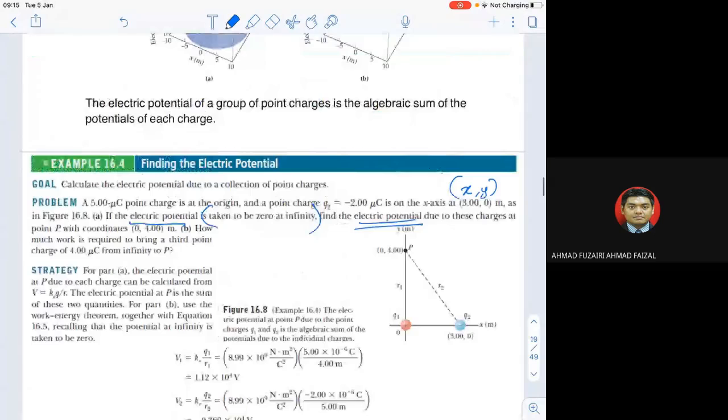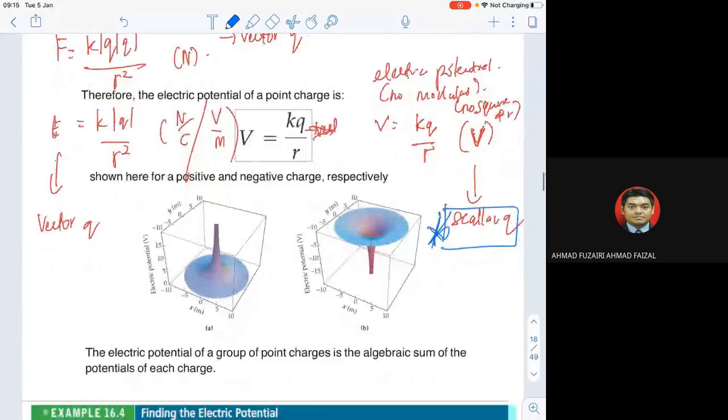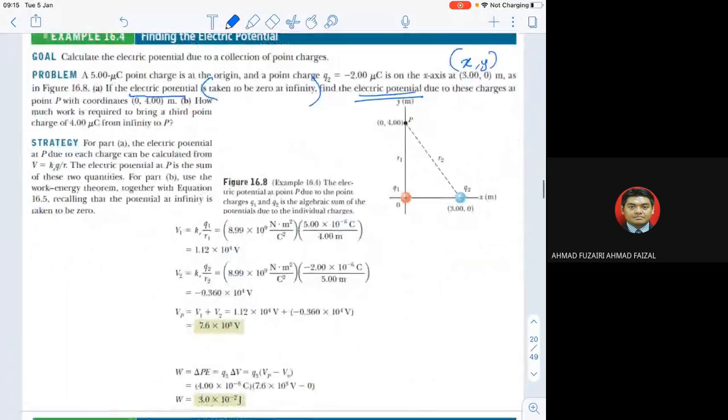As I mentioned in the previous slide, the electric potential is a scalar quantity, meaning we don't have to bother about the direction. When we don't bother about directions, we can easily calculate. Okay, let's look at how they calculated.